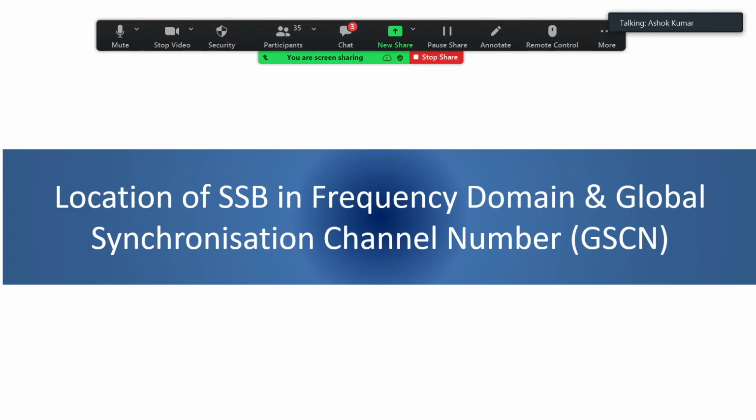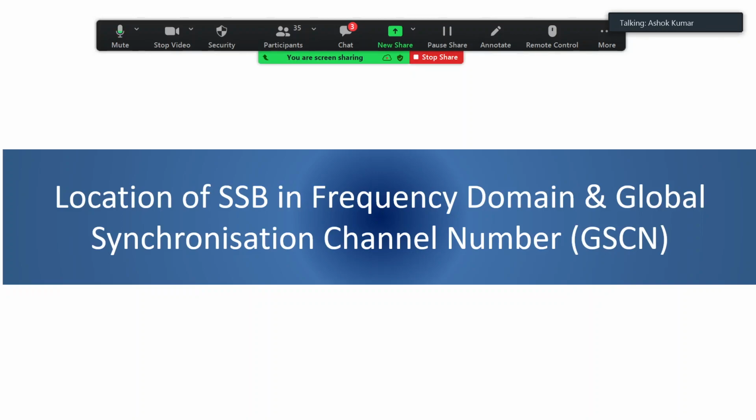You're right to some extent that in the previous technologies there was a channel raster: every 5 kilohertz the device looks for the signal and keeps on searching within the band which it is capable of. Suppose your device is capable of X and Y band, so the search will be limited to that band.